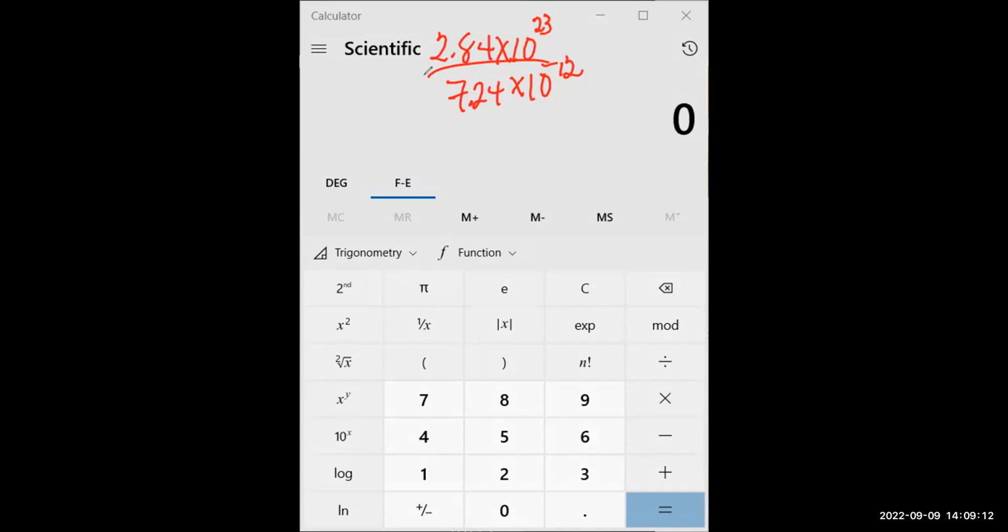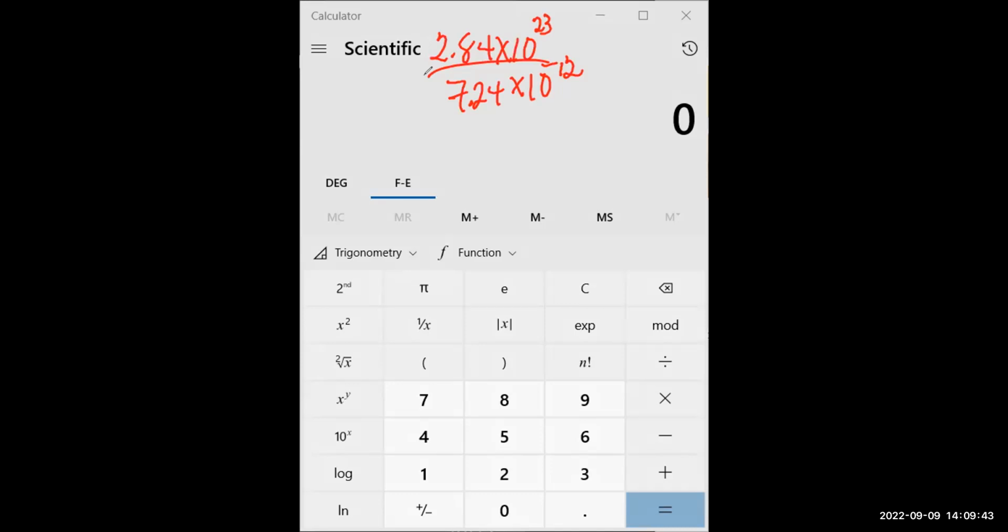So we look at 2.84, 7.24, numerator, denominator, who's got the greater number of Sig Figs? Or how many Sig Figs does our answer need? Two? Any other choices? Not quite.